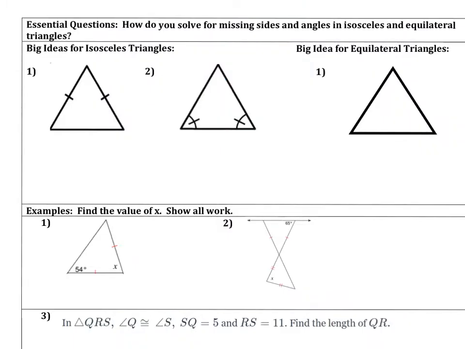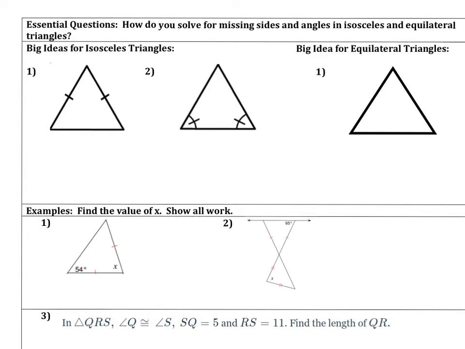So this is actually the second part of lesson 4.2. Our essential question: how do you solve for missing sides and angles in isosceles and equilateral triangles? So let's look at the big ideas for isosceles triangles.